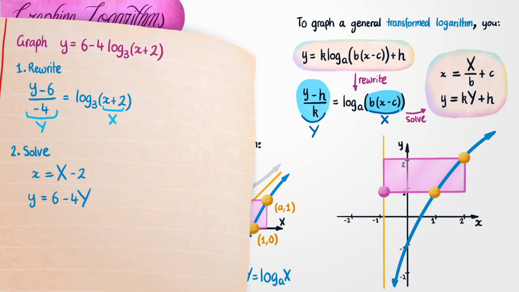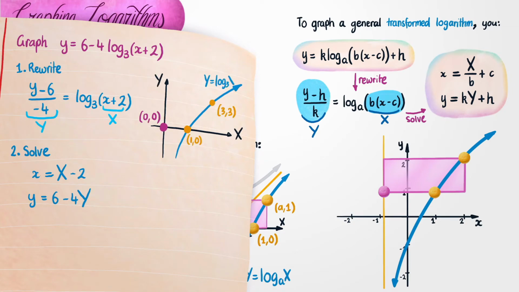So now comes the easy part. Because we have these two equations, drawing this transformed graph is going to be quite simple as long as we know how to draw y equals the log base 3 of x. As you can see, this is the graph of capital Y equals the log base 3 of capital X. It goes through the point 1, 0 because the log base 3 of 1 equals 0, and it goes through the point 3, 1 because the log base 3 of 3 is equal to 1.